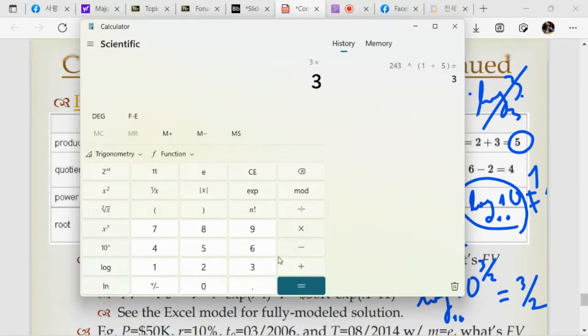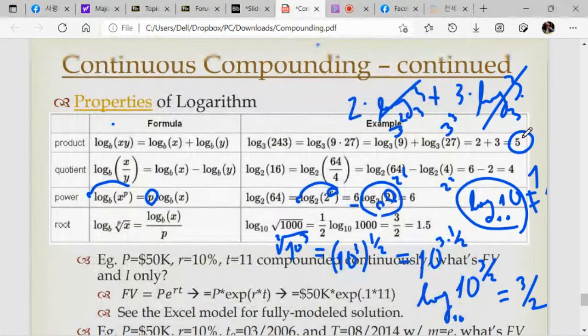On the other hand, 3 raised to 5 is 243, or the 5th radical of 243 is 3. So that's one of the properties of log.